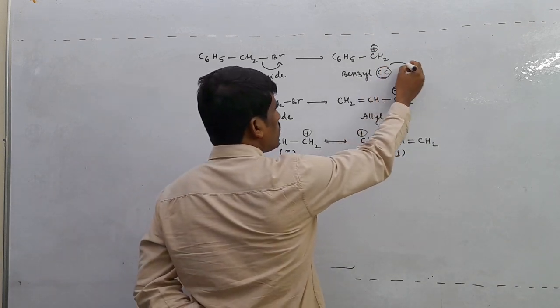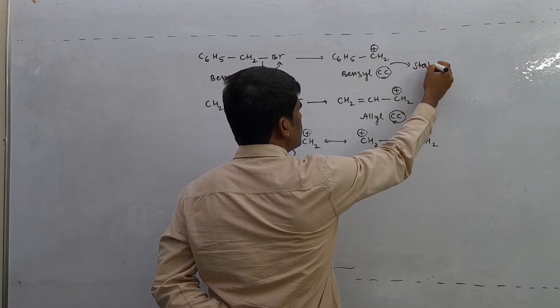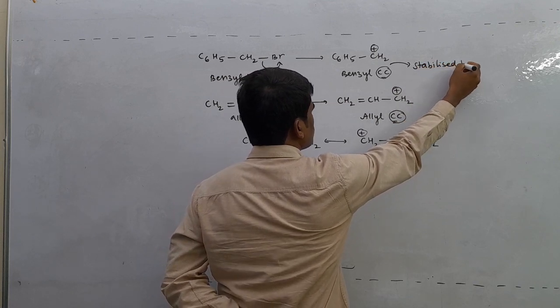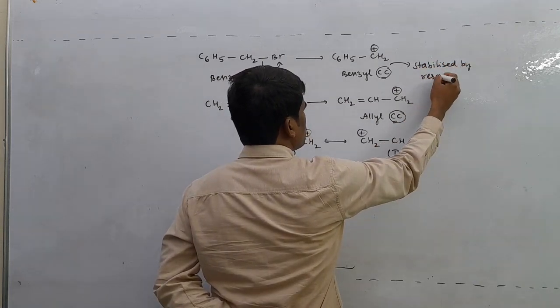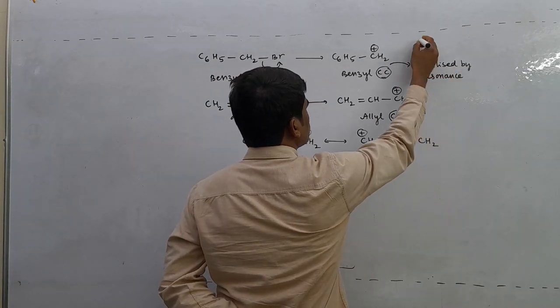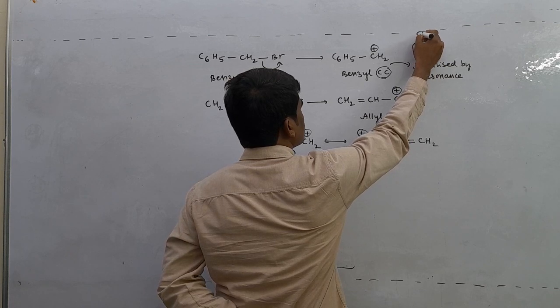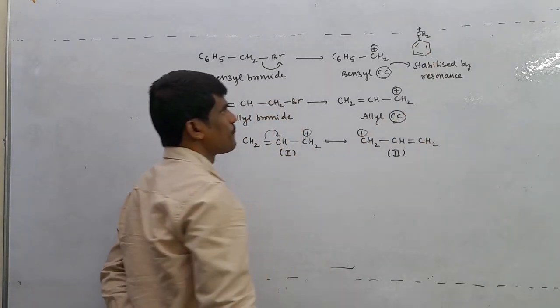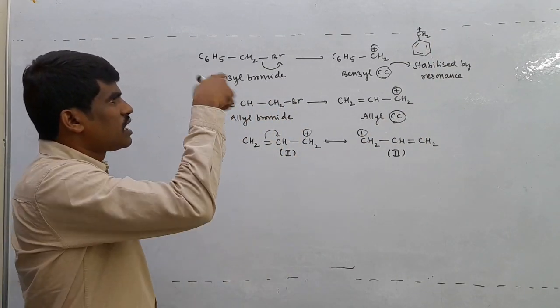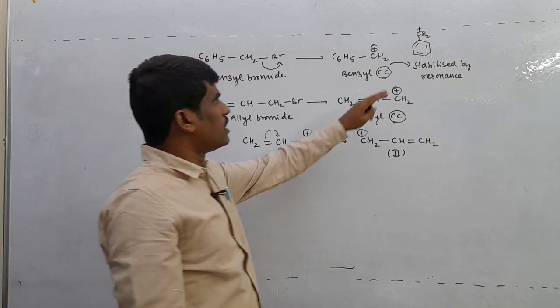This benzyl carbocation is stabilized by resonance, like this, CH2+. The positive charge is delocalized throughout the ring.